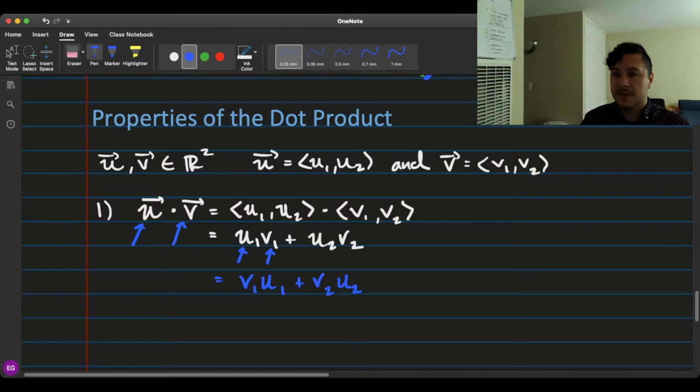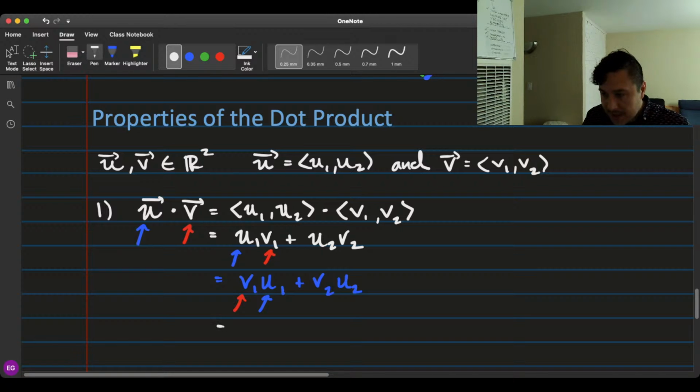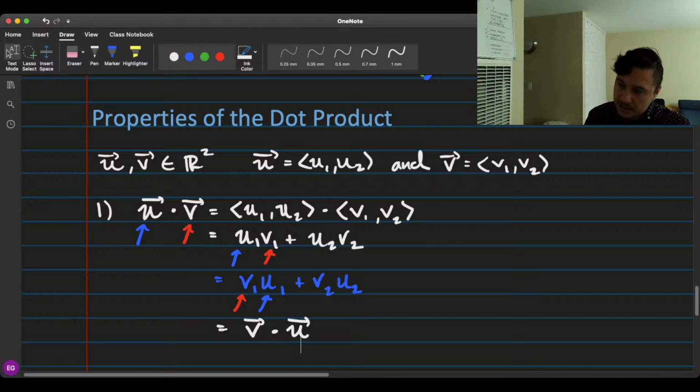Let's do this in two different colors. Let's have blue be u and red be v. Now it's been switched, which means that this is the same thing as v dotted with u.